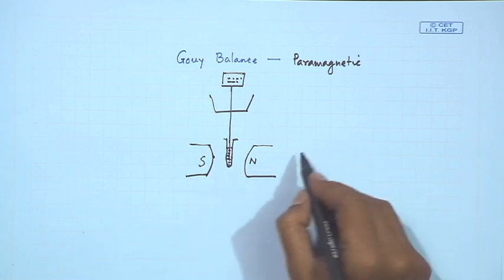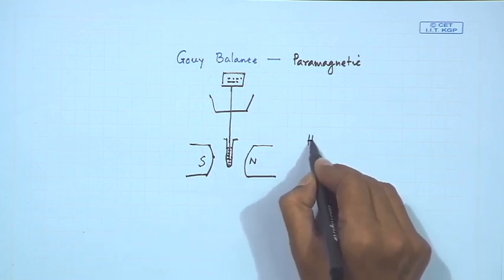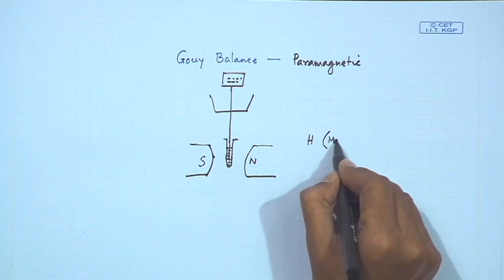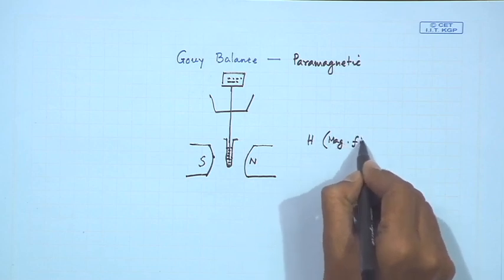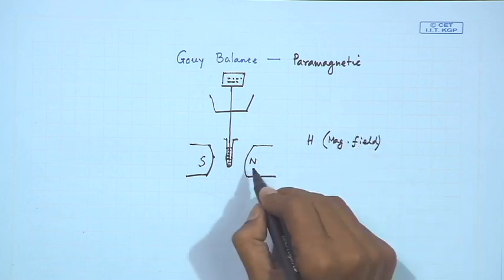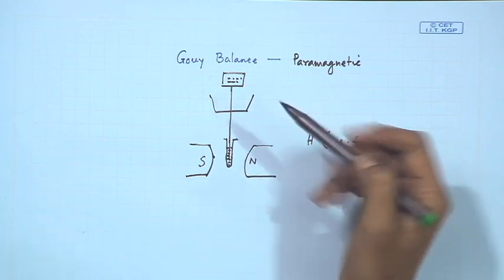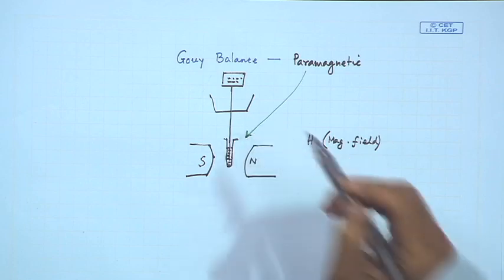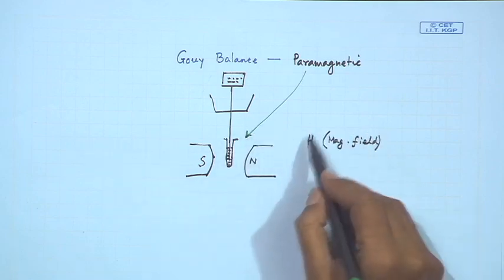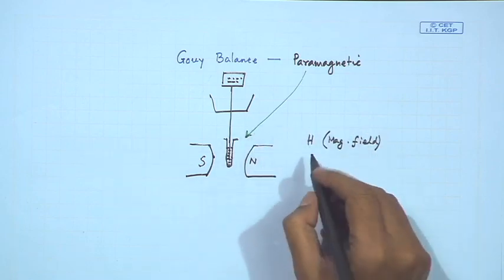So, in the absence of a magnetic field, H being the magnetic field, we take the weight of that particular sample. If the sample is paramagnetic, then in the presence of a magnetic field there will be a weight gain.